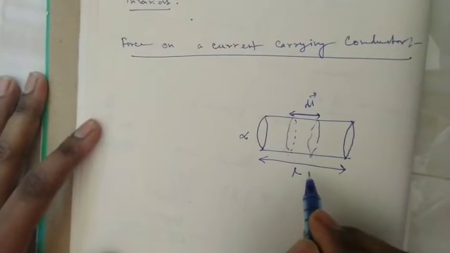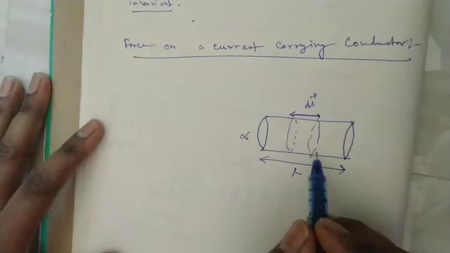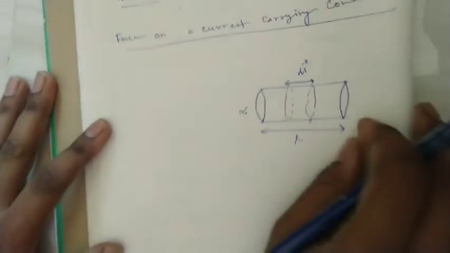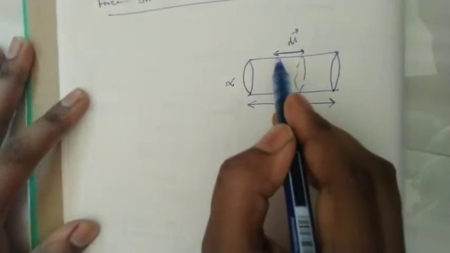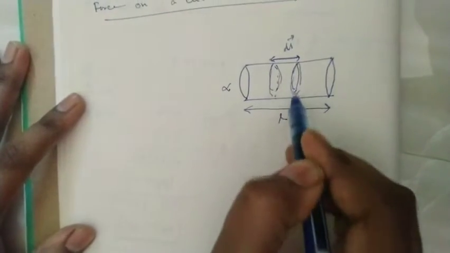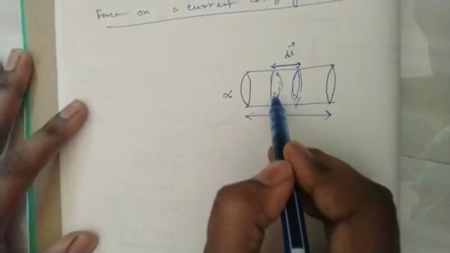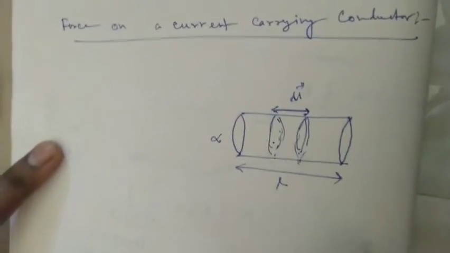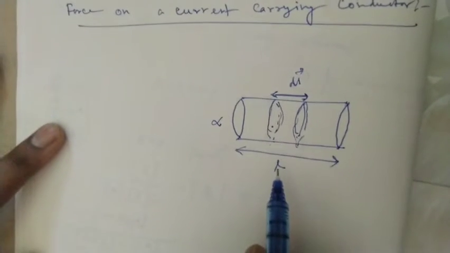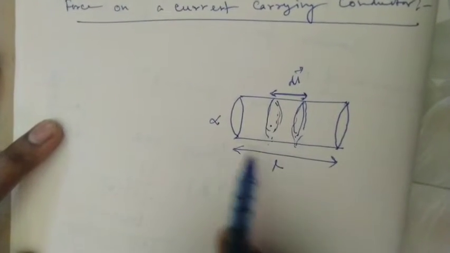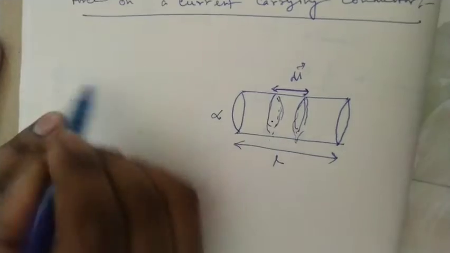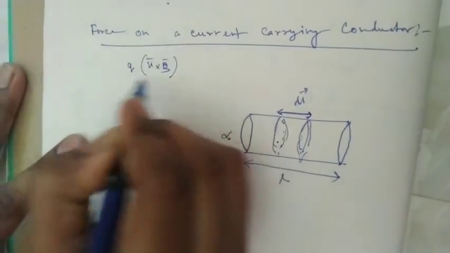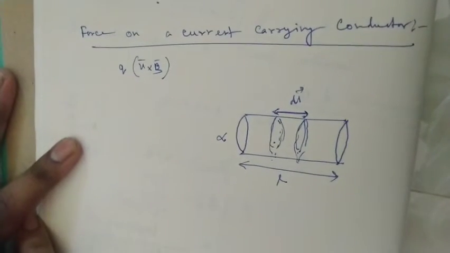Now we want to find out the force experienced by this current carrying conductor due to the flow of charges. In this small section of length dl and cross section alpha, there are a huge number of charge carriers. A single charge carrier experiences the Lorentz force, q v cross B, where v is the velocity of the charge carrier and B is the magnetic field.